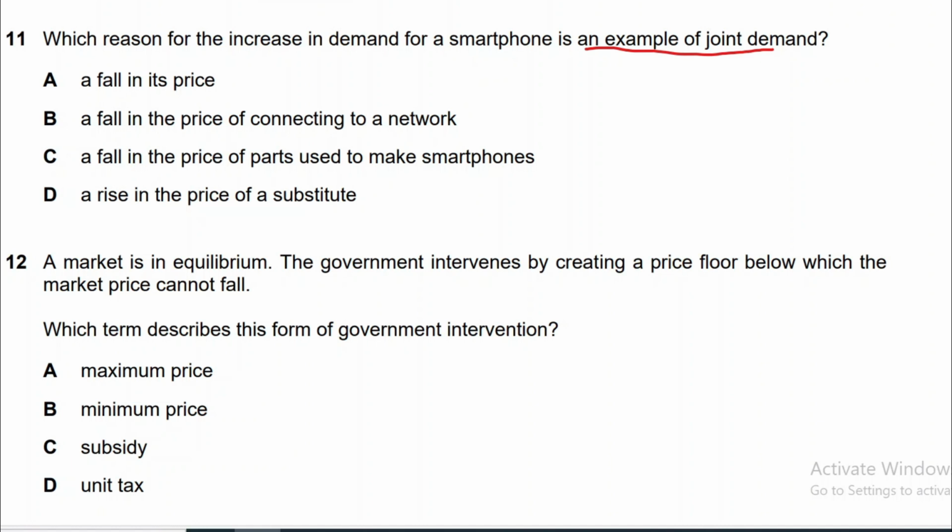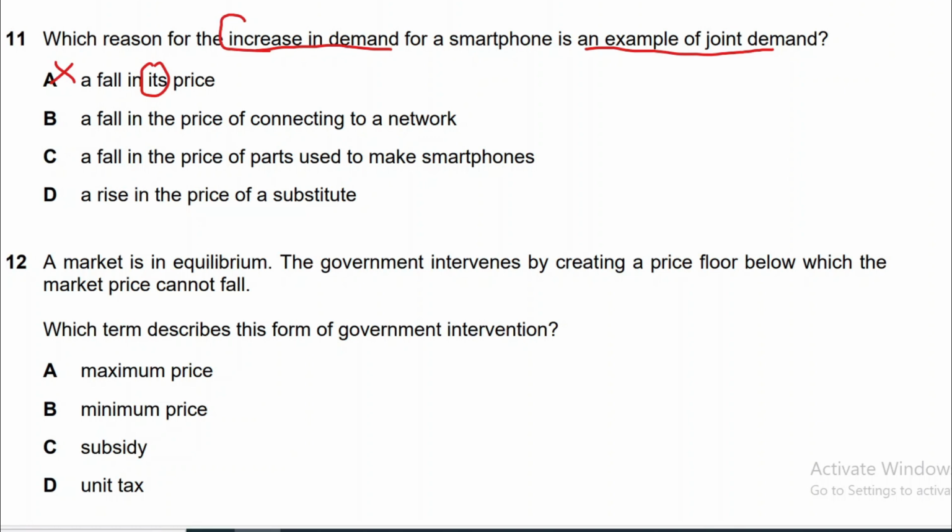Option A is a fall in its price. A fall in the price of the product itself doesn't show that it is jointly demanded with something. In joint demand, there are complementary goods, and demand of one product changes due to the change in price of another product instead of the price of the good itself. So option A is incorrect.